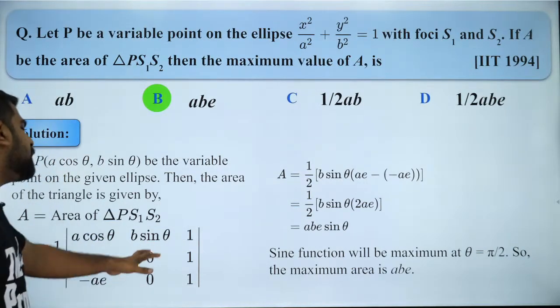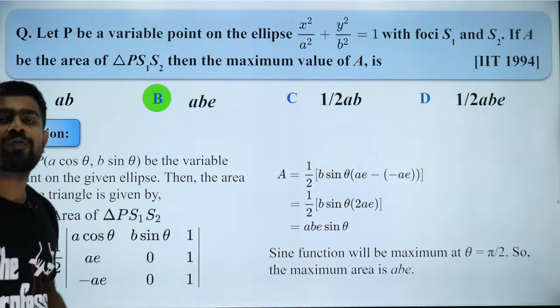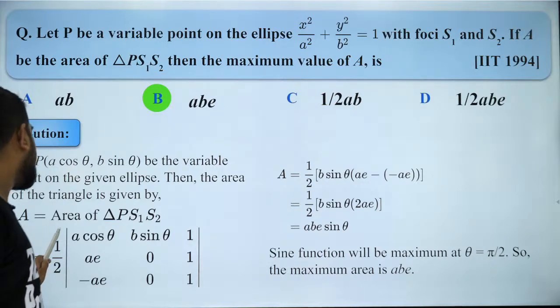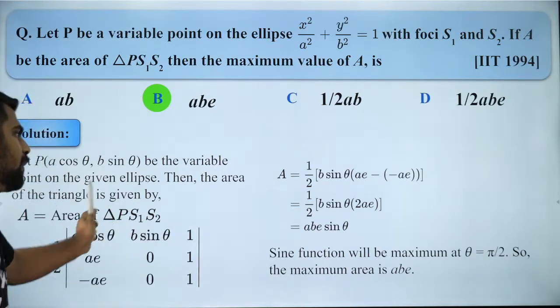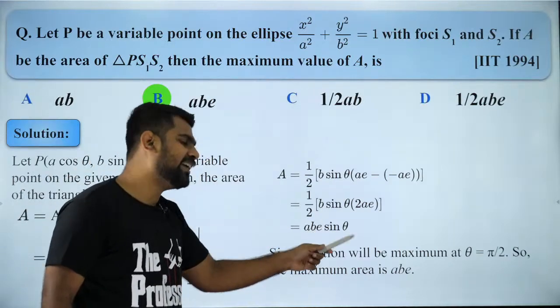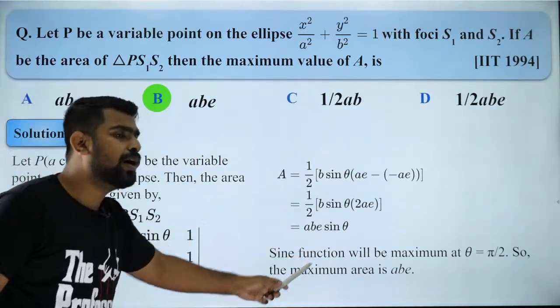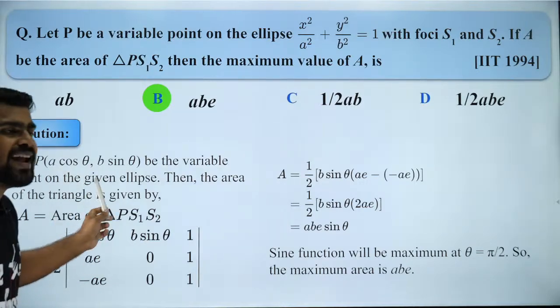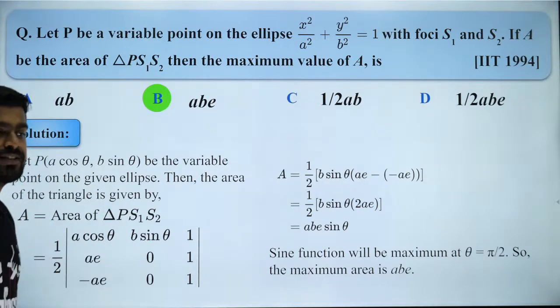So this determinant formula is used when you know all the vertices of your triangle. When all the three vertices of your triangle are known, you can use this formula and the area comes out to be ABE sin theta. Why sin theta? Because I took any random point P. I didn't take P to be the end point of minor axis.